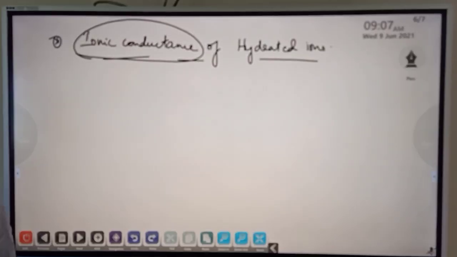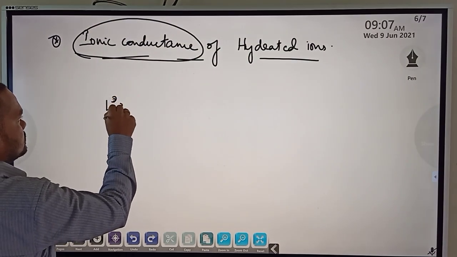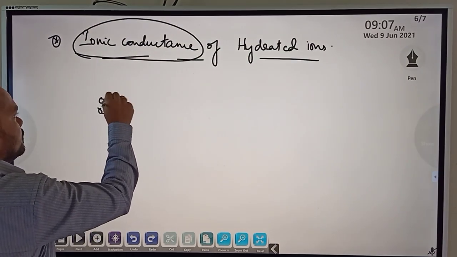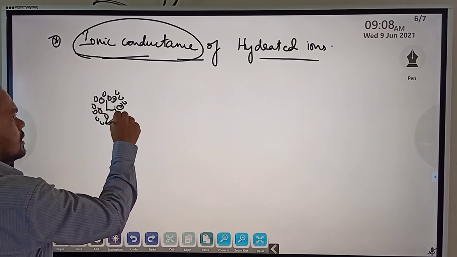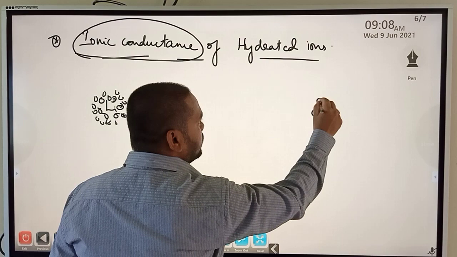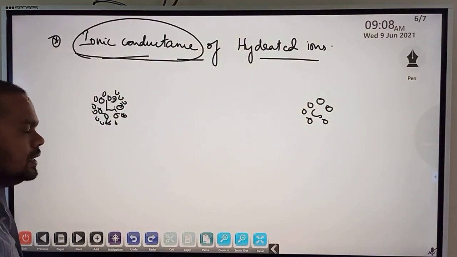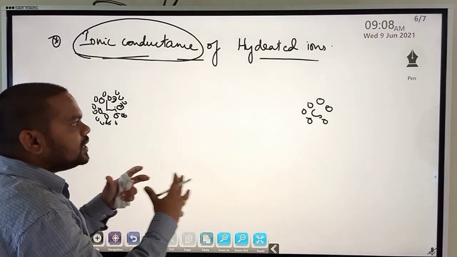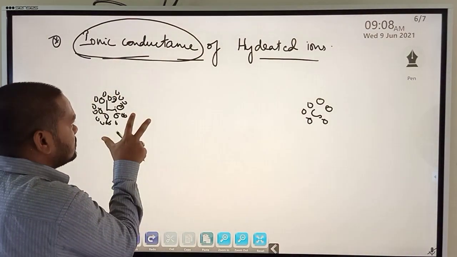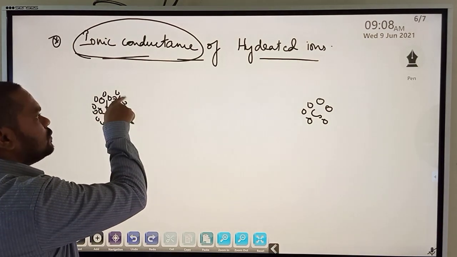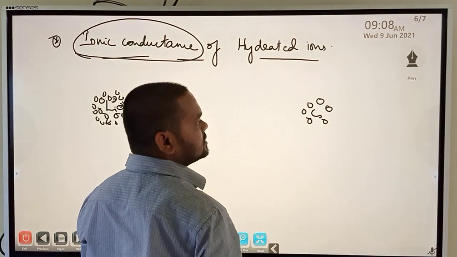Just now we have seen that in lithium's case there is a greater degree of hydration, with many water molecules surrounding it, and in cesium's case only a very small number of water molecules. So in which case is the movement of ions greater? Can lithium move faster? No, because of the greater degree of hydration it cannot move, whereas cesium can move relatively faster.